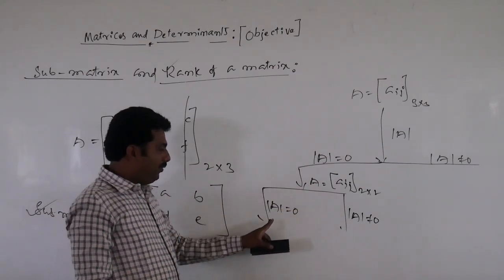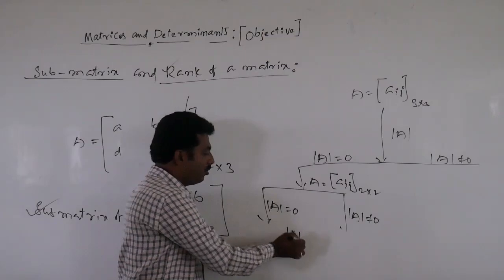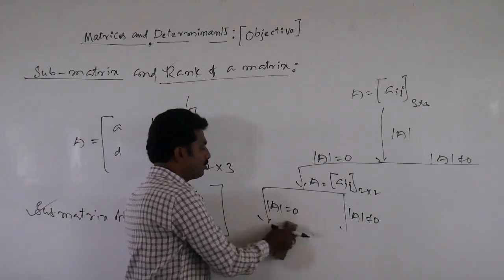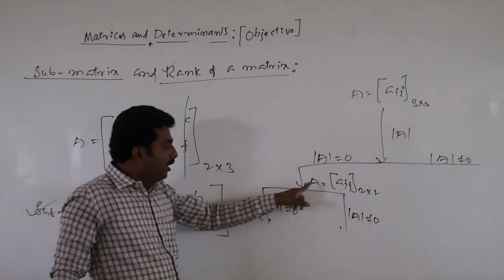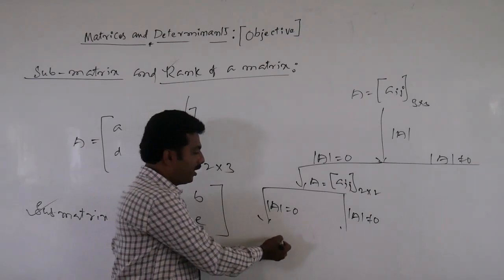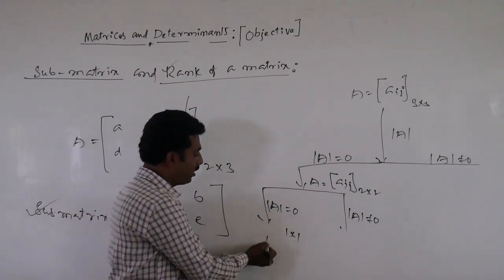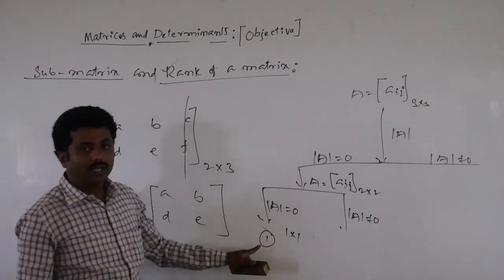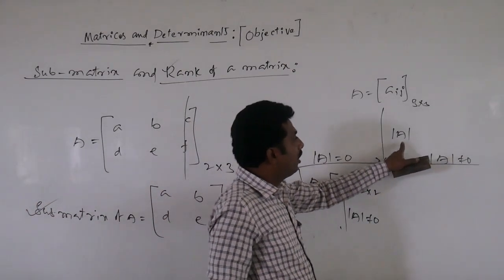If the determinant is 0, again we have to take a 1 by 1 square matrix. Already this is a non-zero matrix. If the 2 by 2 determinant is 0, we take the next 1 by 1 matrix. So what is the order here? 1. So the rank of the matrix is 1. Suppose the determinant of A is not equal to 0.